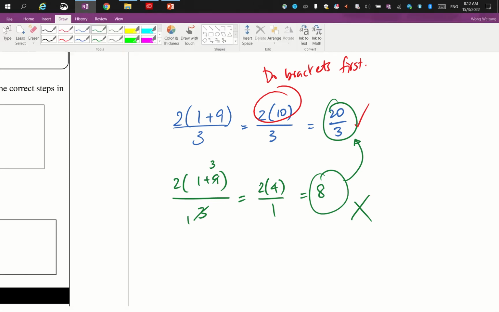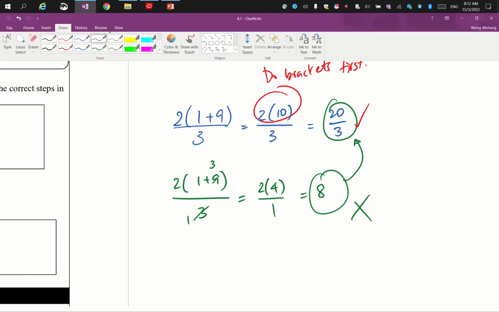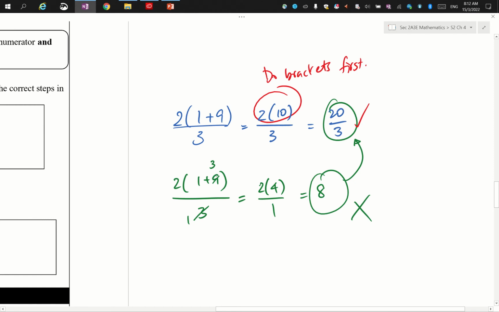The reason is because this 9 is not a factor of the numerator. The factors of the numerator are 2 and 10. Now we know that 10 itself has other factors, 2 and 5.